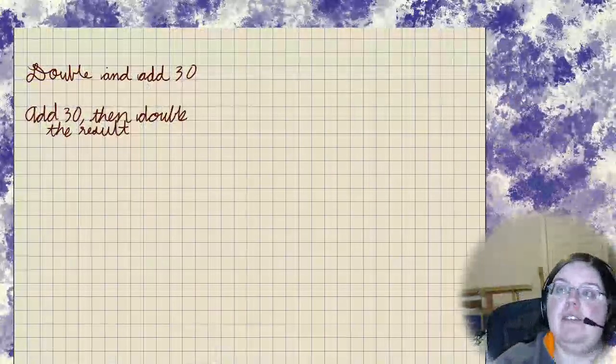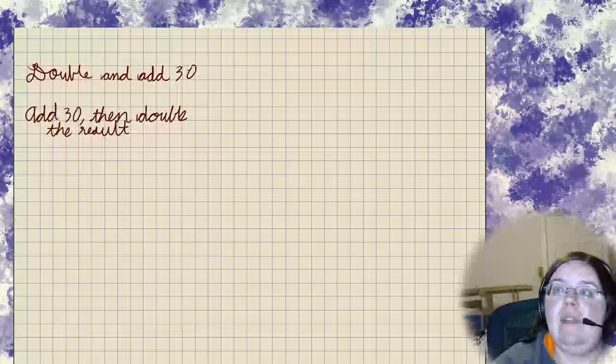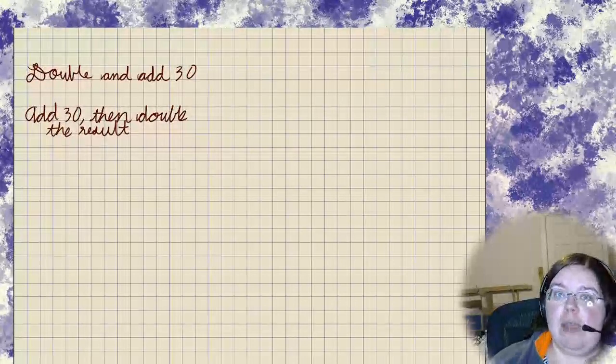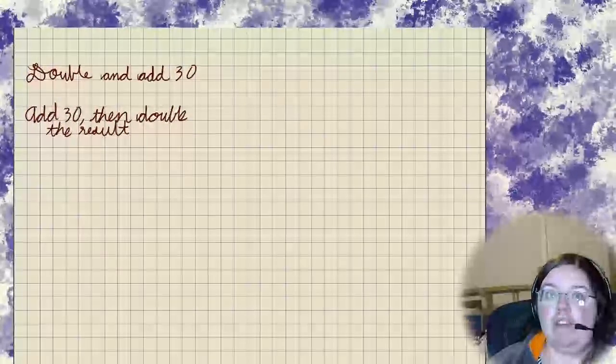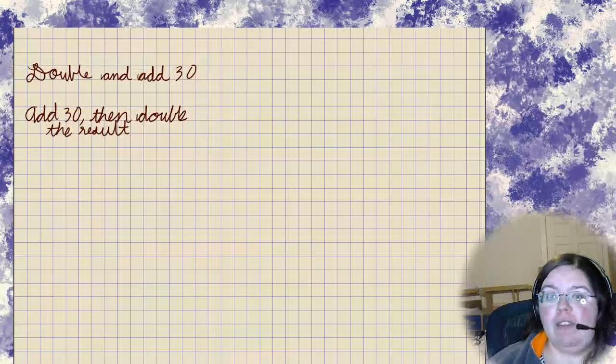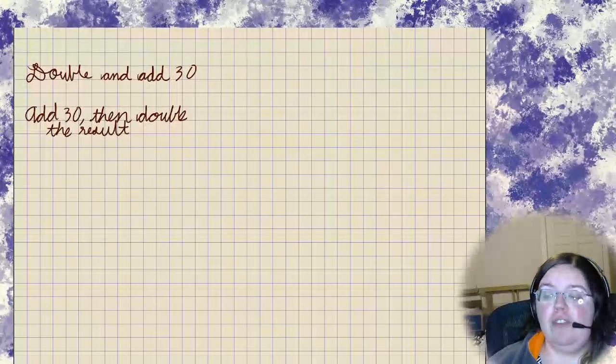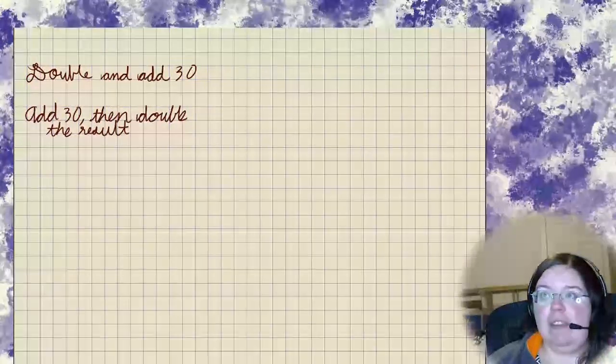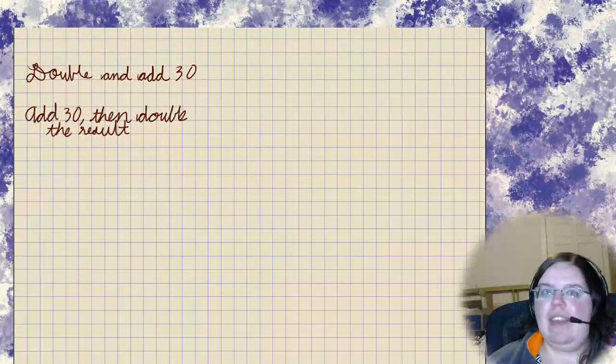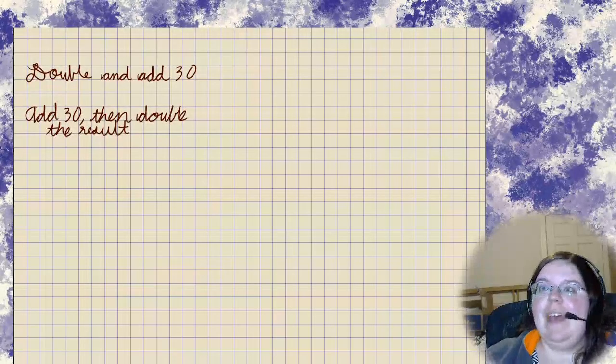So we have two expressions here, double and add 30, which you may recognize as an approximation for converting from centigrade temperature to Fahrenheit temperature, often used when talking with people in foreign countries compared to the United States. Any of you who are from anywhere else can tell by my accent, right?